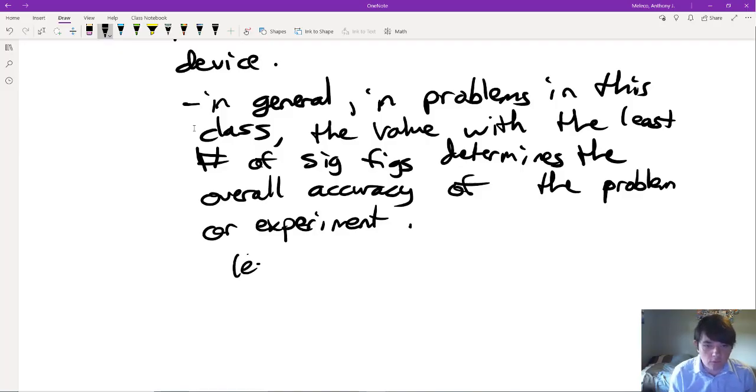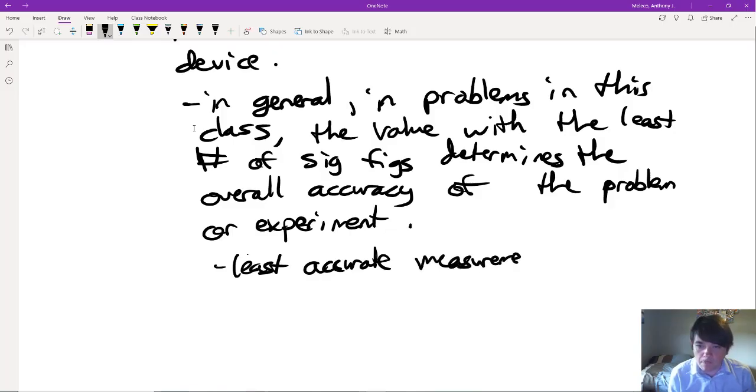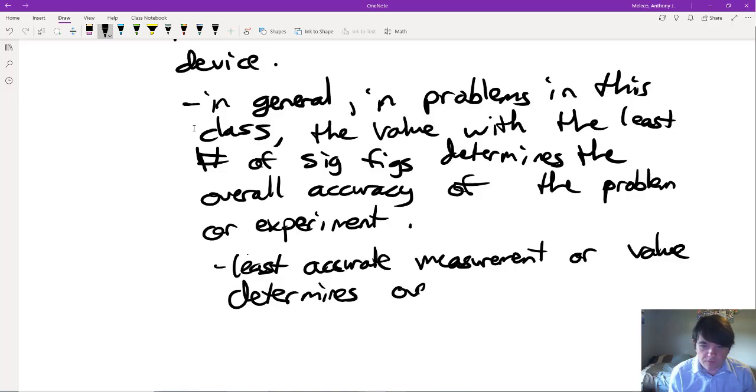So that's another way to say that. Least accurate measurement or value determines overall accuracy. Okay, and in turn, overall sig figs.